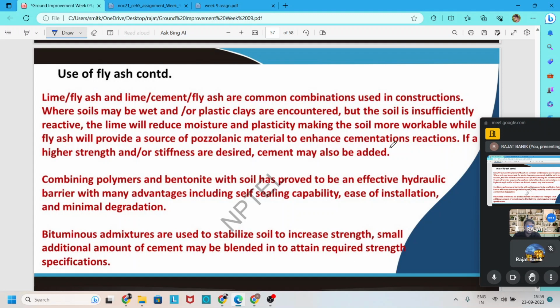Different materials are used and different chemical reactions happen, and by this chemical reaction, cementitious material is created and the soil becomes hardened and increases in strength. So up to this, we discussed the chemical stabilization ground improvement technique.